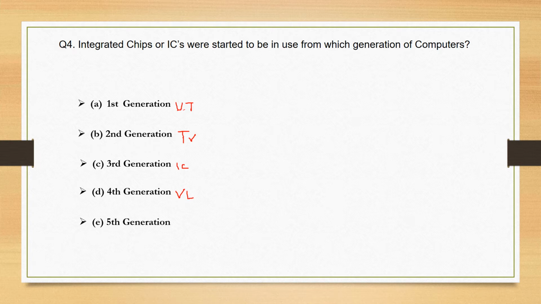In this generation we were using VLSI as a technology, while in the fifth generation of computers we were using UVLSI. So our correct option is the third generation.